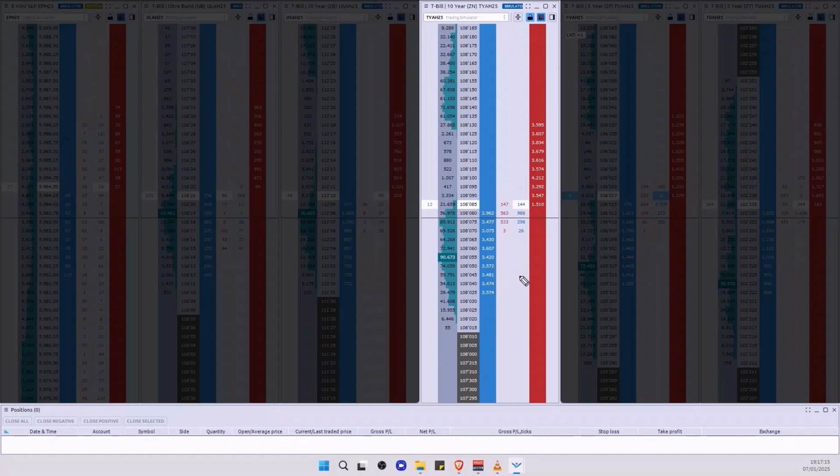But if they are only defending the level but are unable to bring the price lower, then it will motivate the buyers to attack more to generate that breakout.